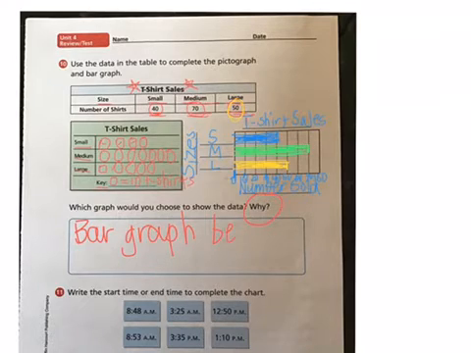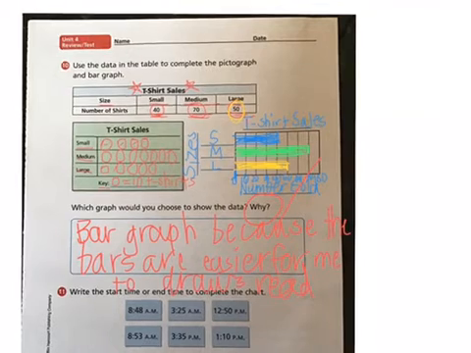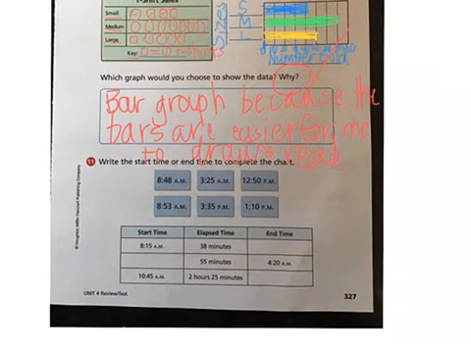Bar graph because the bars are easier for me to draw and read. Hopefully you can write a little neater than I am. My stylus doesn't allow me to write as neat as I like to.